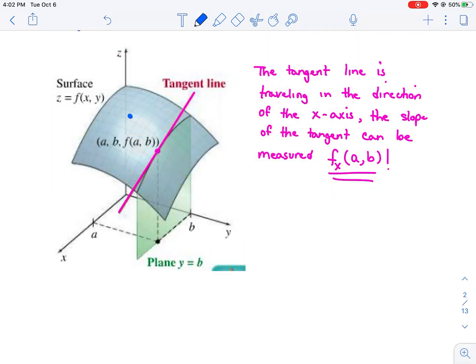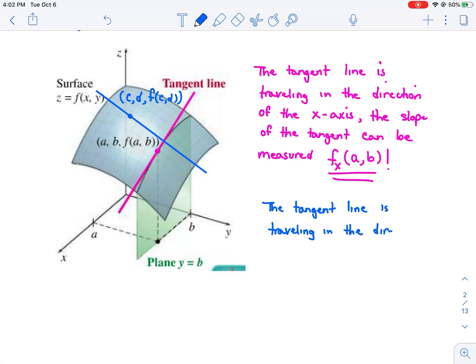I want to place another point here, and I want to place a tangent line through that point. And we're going to call this (c, d, f(c, d)). And I'm going to write the statement in blue. The tangent line is traveling in the direction of the y-axis.